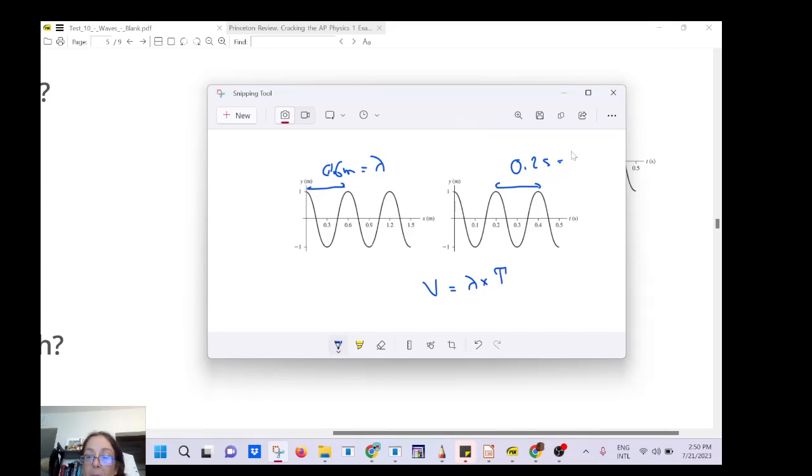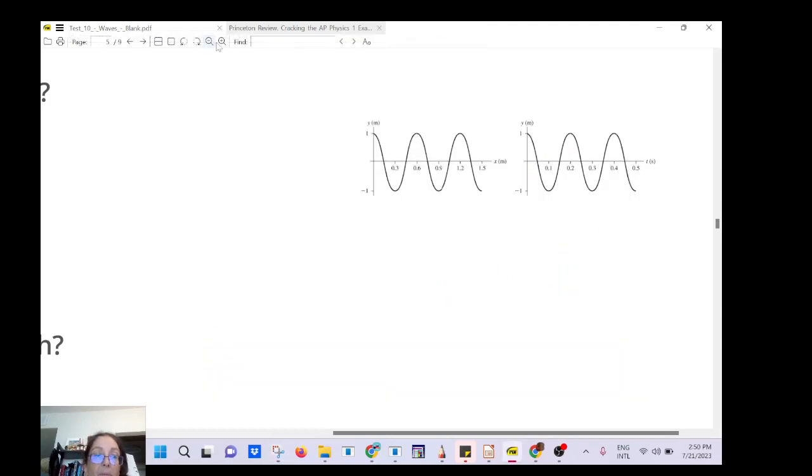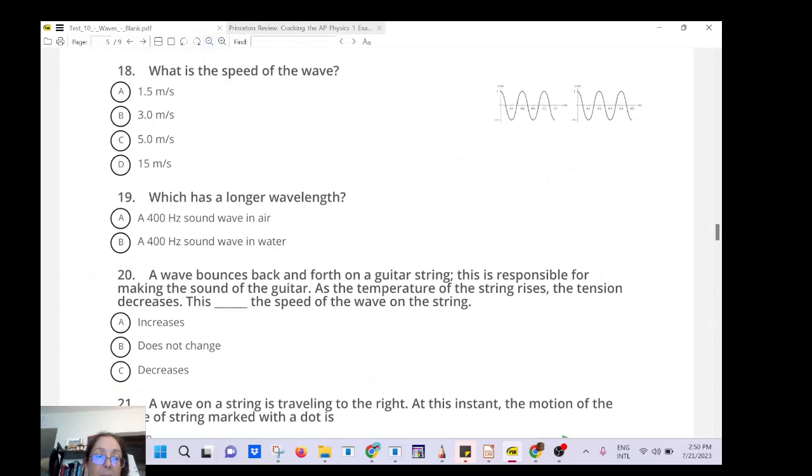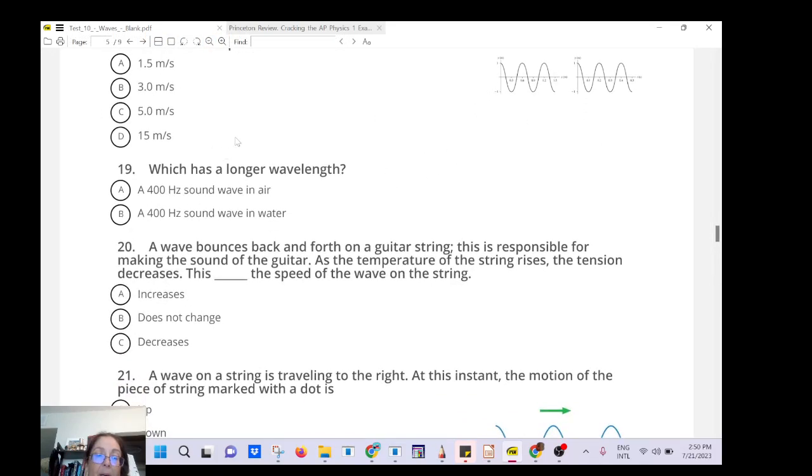So that's going to be the period. Now, just kidding, the speed is the distance divided by the time. So I'm going to have 0.6 divided by 0.2. So that's going to be 3. So let's go back to here. 3 meters per second.